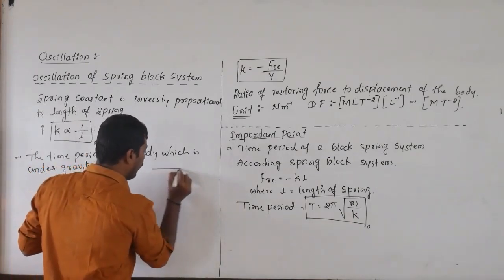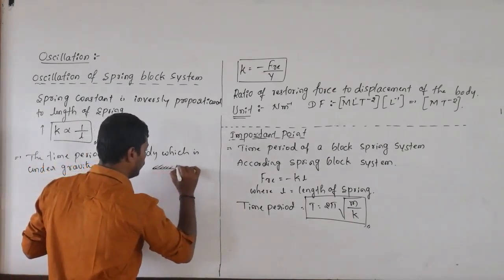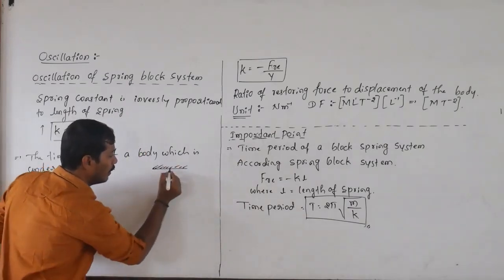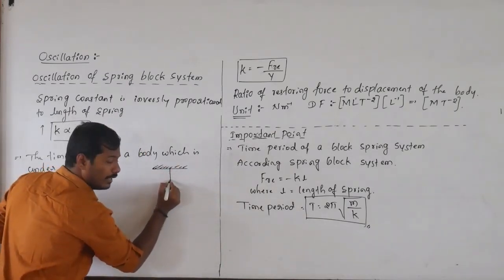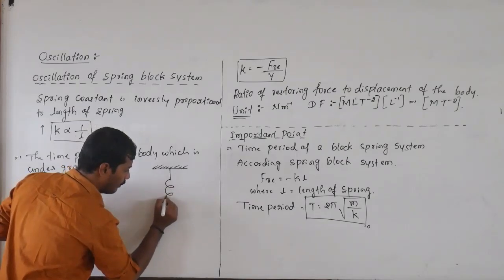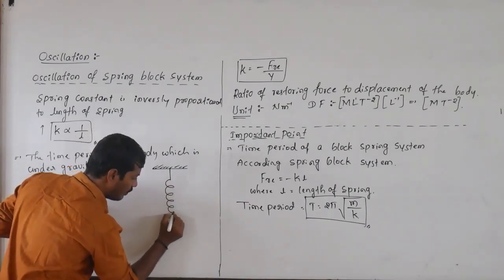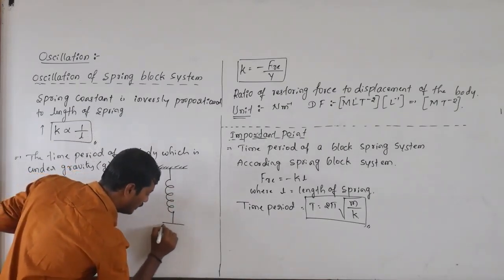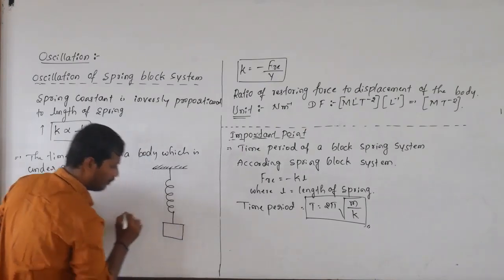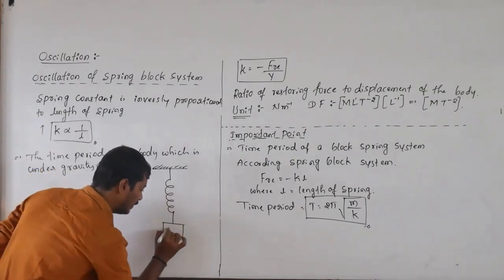Okay. If it is a rigid support, one spring is there and one mass is attached to the spring. This is just hanged.